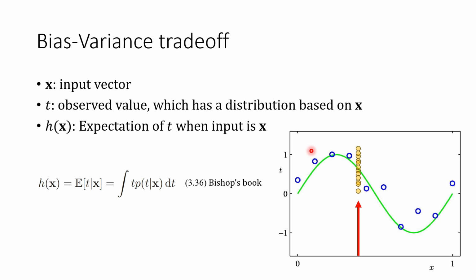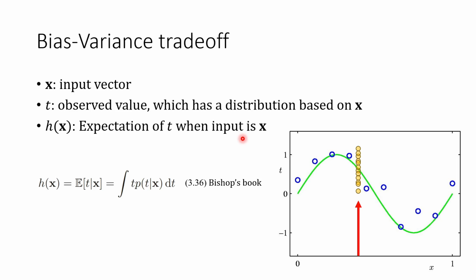So we create another function called h(x). It's an expectation of those t when the input data is x. This is a distribution. There are many possible t values, and every t value has its own probability. But because this is a continuous variable, it is a probability density.